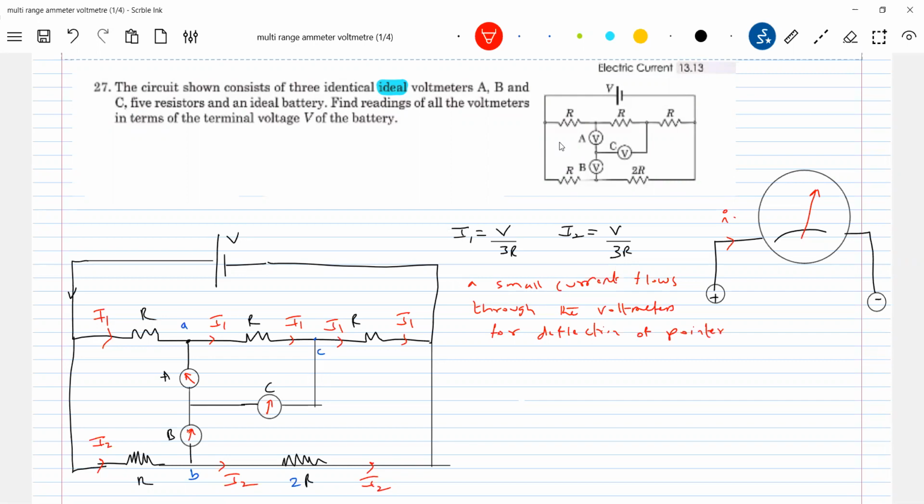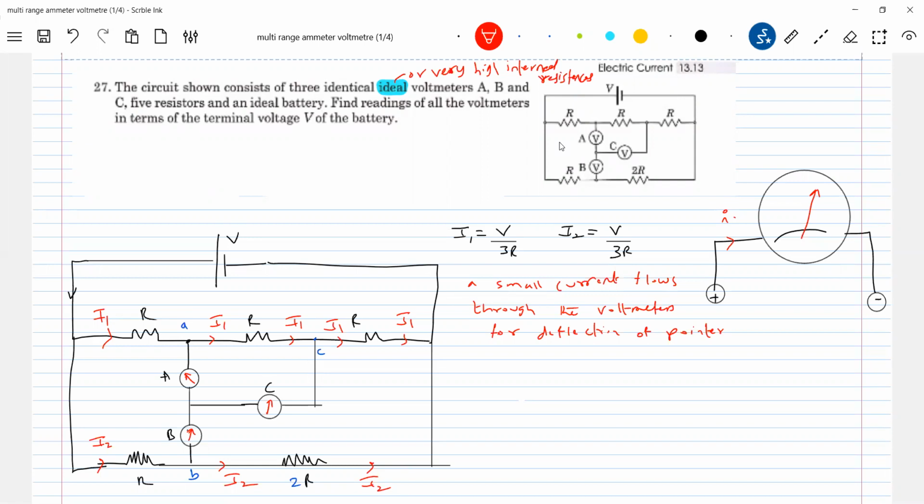Though it's ideal, don't put an open circuit. Though he said ideal, he should have said three identical voltmeters of very high internal resistance. It should have been like this. I think if he had said it like this, it would have been really possible.